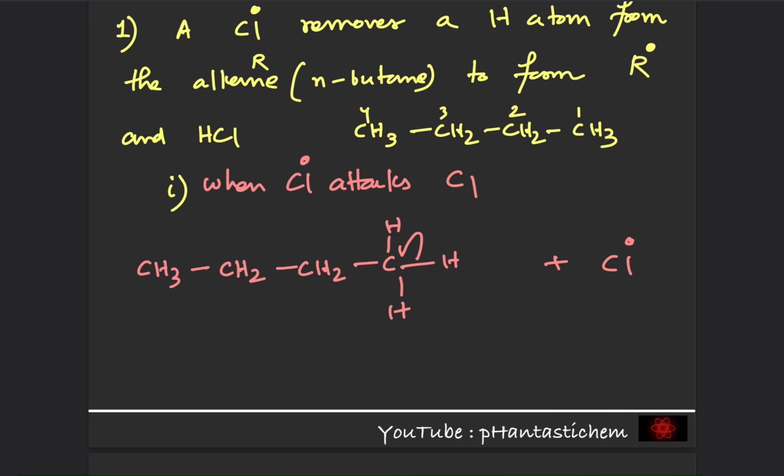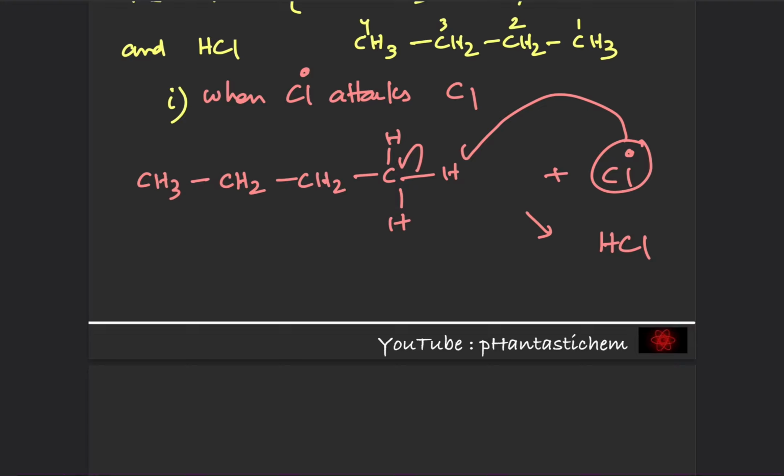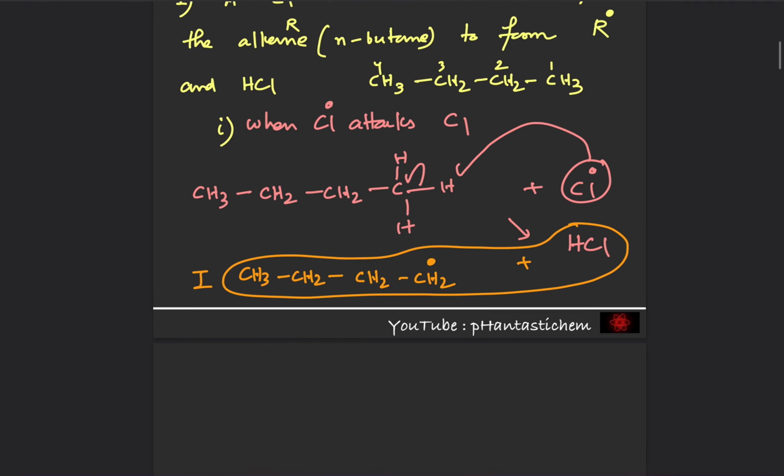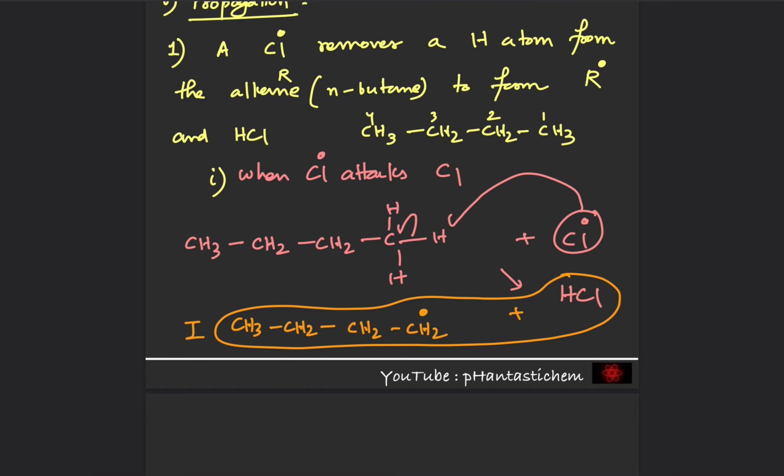Here this becomes an alkyl radical, and the Cl radical combines with the H radical to give an HCl molecule. We are left with CH3, CH2, CH2, CH2 radical and HCl as the products. Let's say this is radical 1. So the first case was when the Cl radical attacked C1.